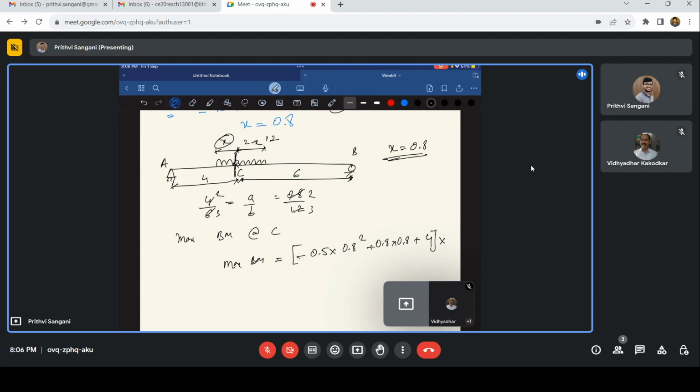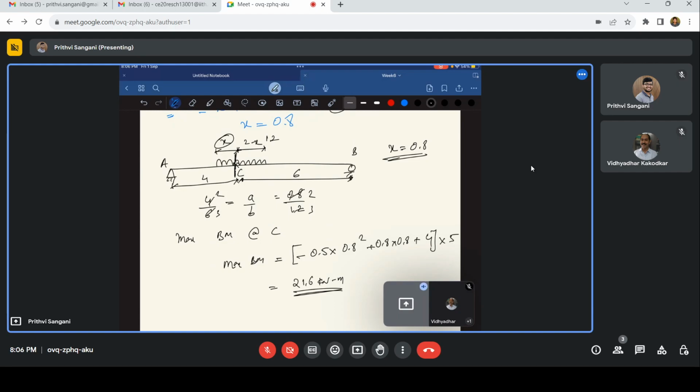UDL is 5 kilonewtons. So this turns out to be 21.6 kilonewton meter. Okay.